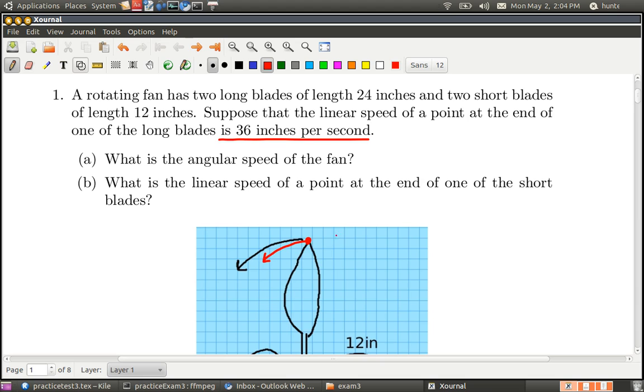The linear speed is s for arc length over time, right? So it's how much arc length it's tracing out in a given amount of time. Alright, so what do we know? Two things. One, angular speed. We use the letter omega to denote angular speed, and that's defined to be radians per unit time.